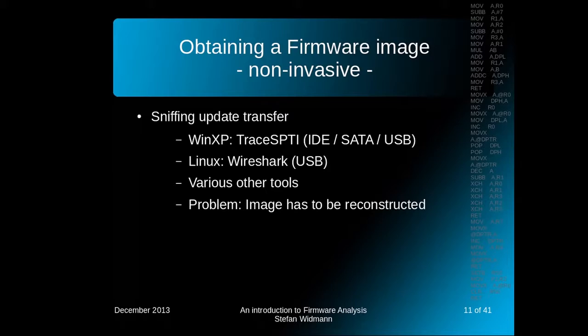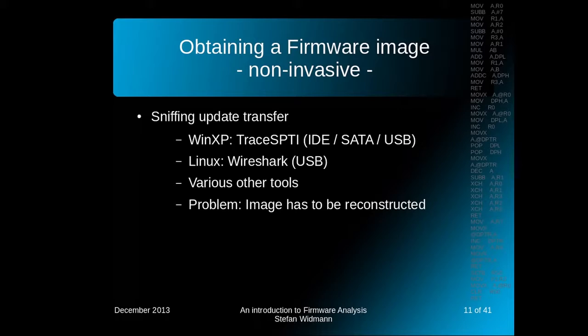On Windows XP, and I'm sorry, it's really only Windows XP, there's Trace SPTI, a fantastic tool tracing SPTIs, SCSI pass-through interface. So you might think SCSI, I do not have any SCSI devices, but very much communication is done using this protocol on Windows to ID SATA USB devices, especially if they are ATAPI.